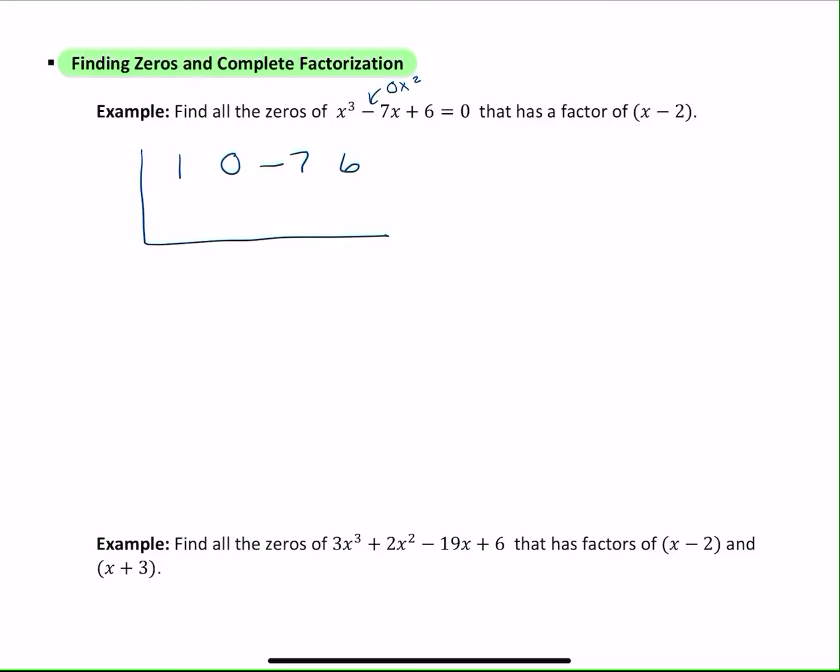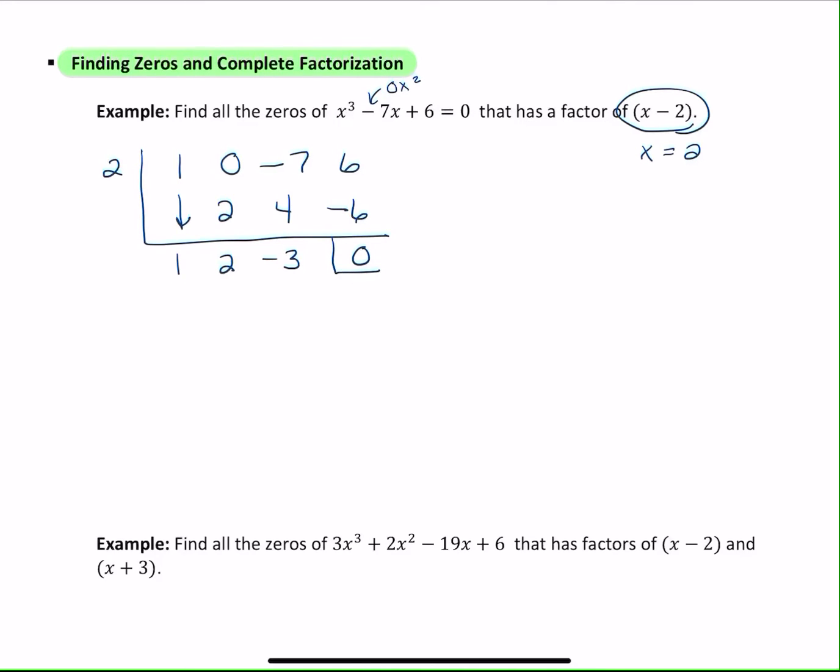And then I'm dividing by x minus 2. So when I solve that, it will give me x equals 2. So I'm going to put a positive 2 on the outside. So I'm going to use my synthetic division, bring down the 1, multiply, add, multiply, add, multiply, add.